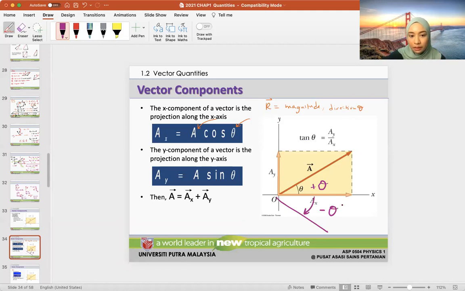Okay. Angle pun kena tepat lah. If you know that it is 30 over here, you have to put in minus 30. And for the positive, it will be from here to here. So that is 360 minus 30. You have to be careful with that. Make sure the values are correct.